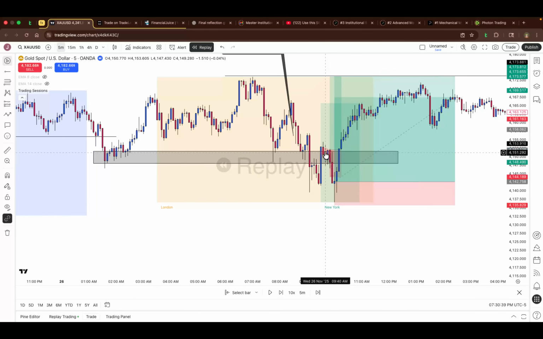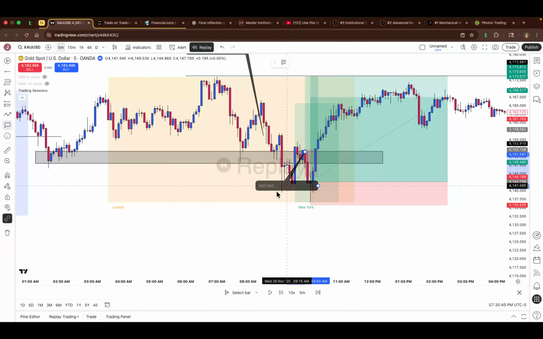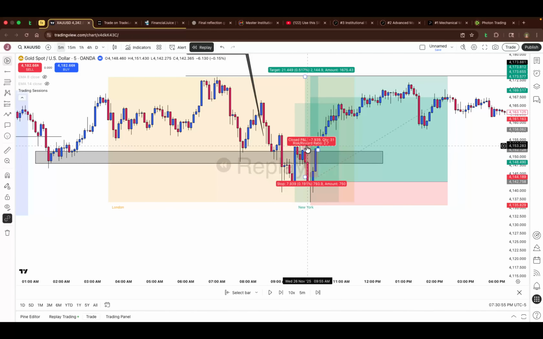Saw this candlestick here, entered, stop loss, gotta be honest, it was kind of nowhere. It wasn't a good trade because my stop loss was kind of in the middle of nowhere. Honestly, a better trade would have been if I waited for a break of structure here, a break above this high, right?